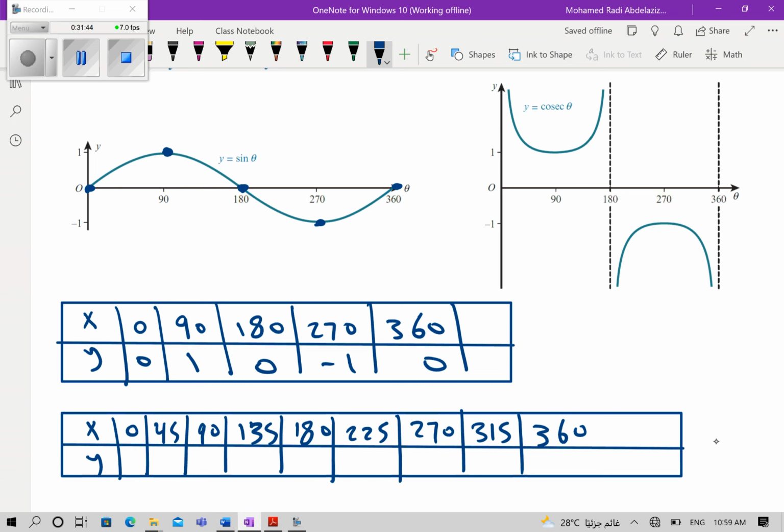If you reduce the steps, say at 45, you will get decimals like 0.7. This is the graph of sine. You have to recognize the graph of sine: 0, 1, 0, minus 1, 0.